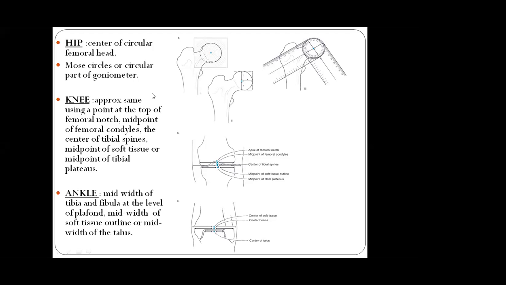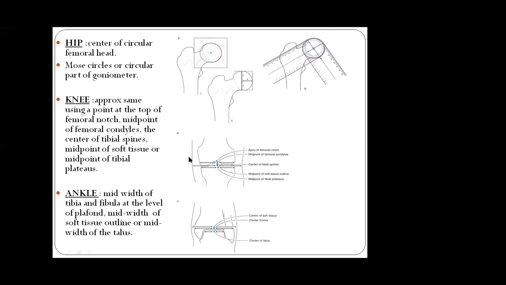Next, I would talk about the center point of the knee joint. The center point of the knee joint is approximately the same whichever point we take. The point can be taken as the top of the femoral notch, the midpoint of the femoral condyle, the center of the tibial spine, the midpoint of the soft tissue at the knee joint, or the midpoint of the tibial plateau.